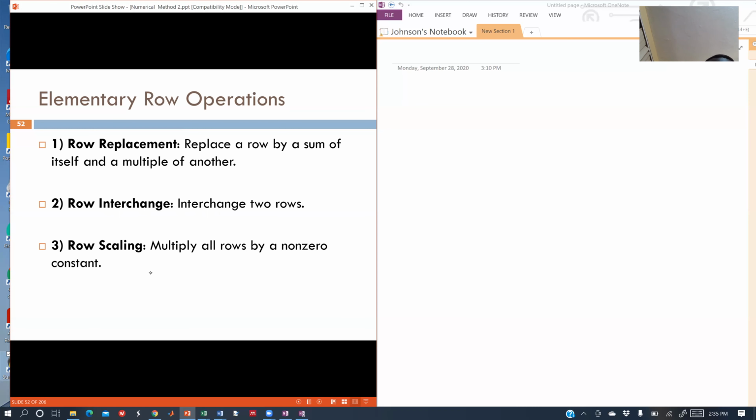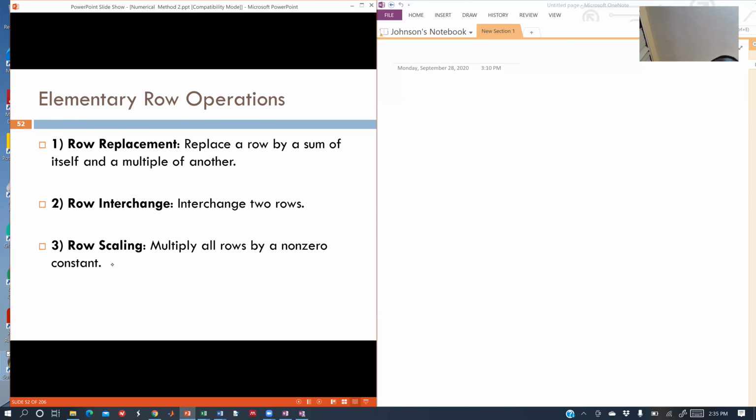Again, very soon you would understand why scaling is not necessary, because the idea behind numerical methods is to be able to code the operation. And whenever you scale, if you are not careful, you might not understand the real operations of Gaussian elimination, and your program might not be correct. So I'm going to go through the Gaussian elimination without the 3rd operation; scaling will not be used.